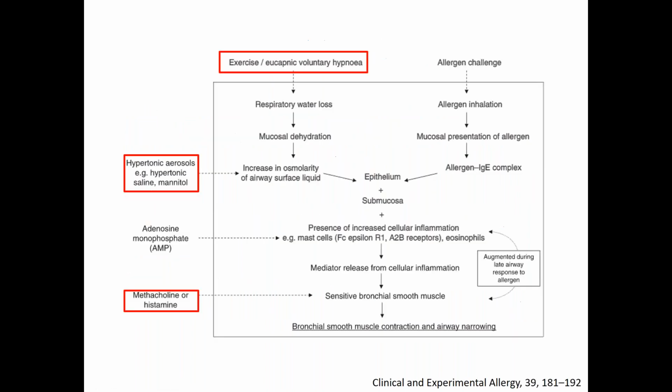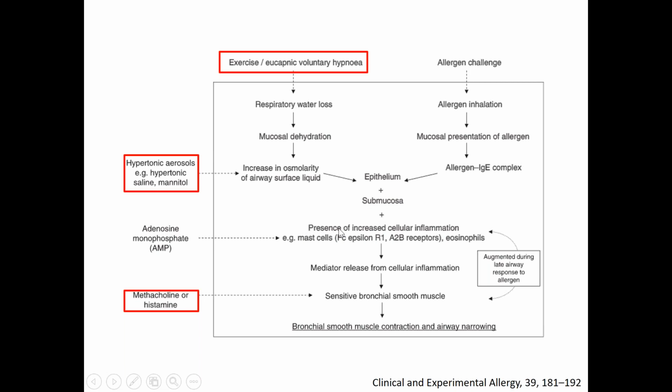This little schematic here basically shows where bronchial provocations act along the inflammatory pathway. So methacholine or histamine challenge operate by impacting directly on bronchial smooth muscle, causing contraction and airway narrowing. Hypertonic aerosols such as hypertonic saline or mannitol are inhaled and they increase the osmolarity of airway surface liquid, which then impacts the epithelium and submucosa.